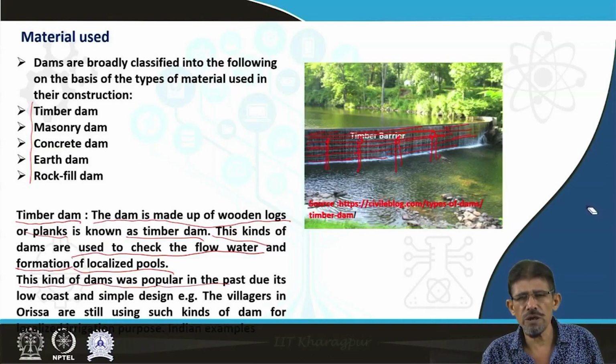Therefore, this type of dam is recommended only for localized purposes of limited extent. We have a number of examples of such dams located in various villages and towns, only for localized purposes.